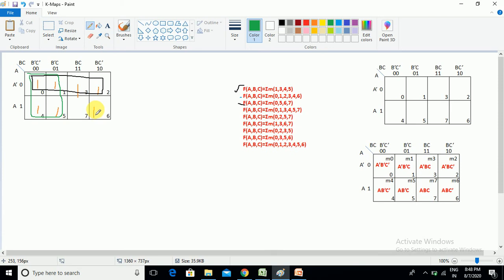For the 6th one there are multiple choices. We can create some group like this kind of group, or else we can create the group in this manner. In this manner also we can group. But even that is not correct, because if you select the group overlapping with 0, 4 and 2, we can create the 4 cell grouping.